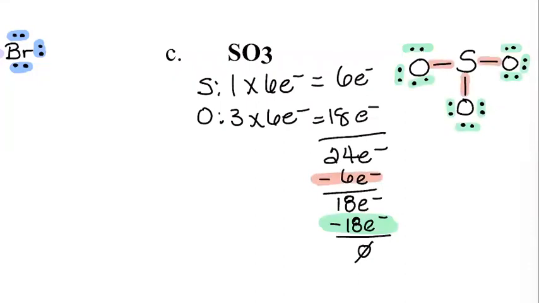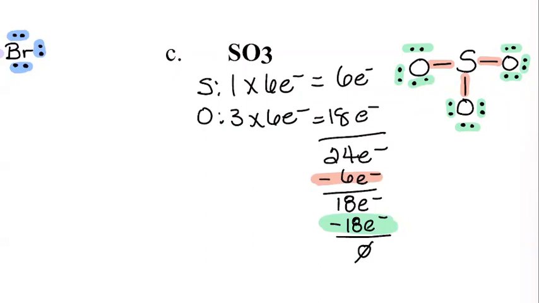As I mentioned to you guys a few moments ago, for the purposes of this class, everybody wants 8 electrons except hydrogen, beryllium, and boron. So sulfur is not happy because it doesn't have 8 electrons. Okay?